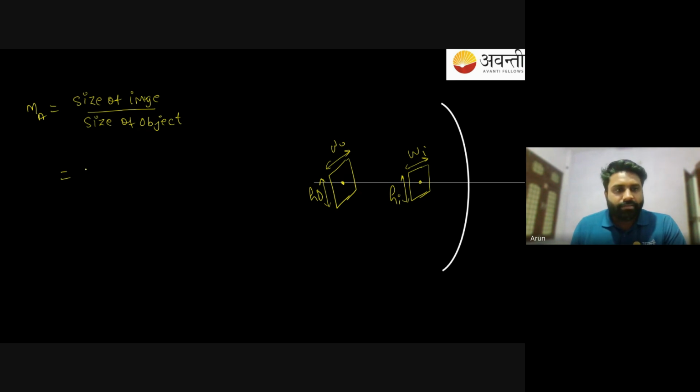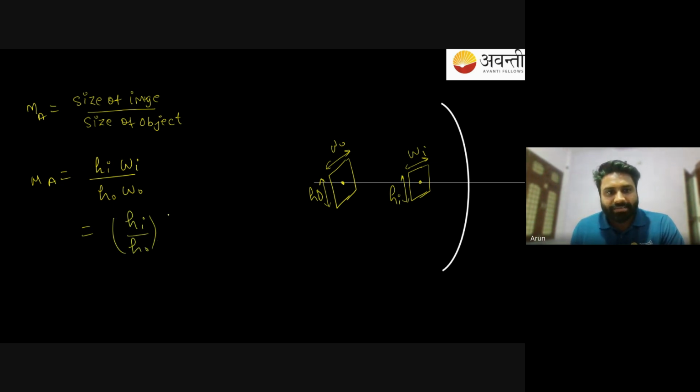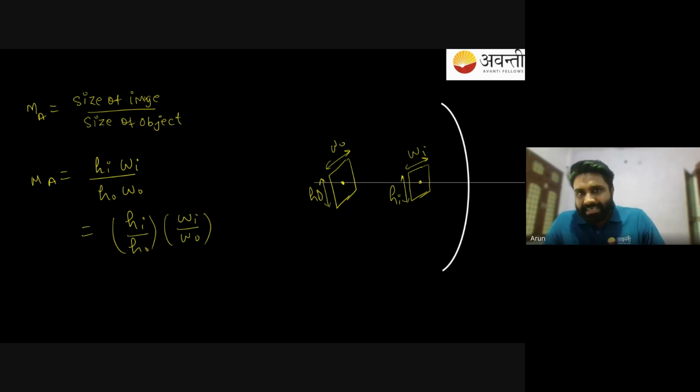So again we will multiply the area, so it will give us HIWI divided by HOWO. This is the MA. Now you tell me how this HI and HO will count and this WI and WO will count. You will say that HI and HO is the transverse magnification. But what about the WI by WO? Is this lateral or transverse? Just tell me. Write it in the chat box.